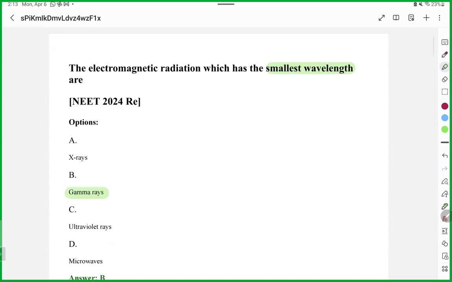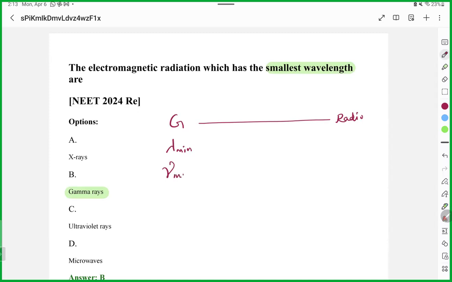Gamma ray. Gamma ray to radio. In gamma ray, minimum wavelength, maximum frequency. Radio wave, maximum wavelength, minimum frequency.